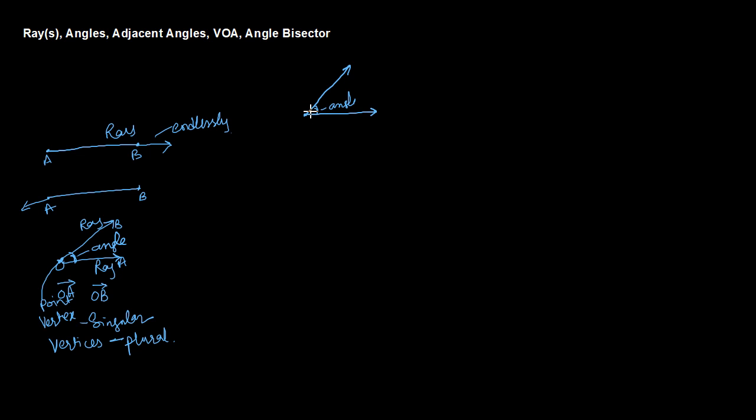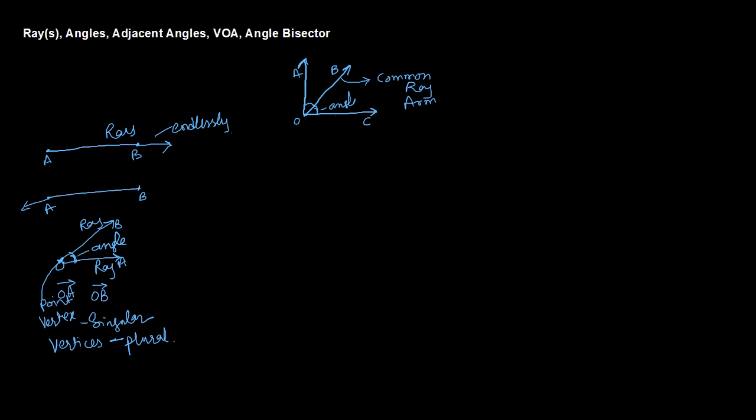So here adjacent to this is just next to this, one more ray. So what happened here? What do we see here? Let's put some points just for the sake of reference. So adjacent to this ray I've drawn another one. This ray becomes a common ray or common arm.